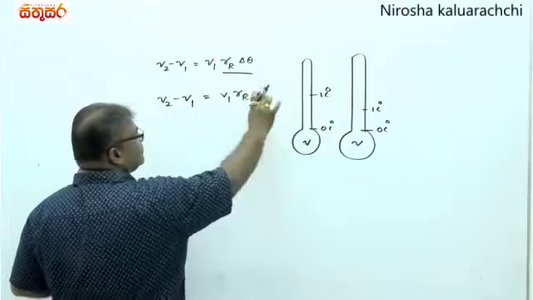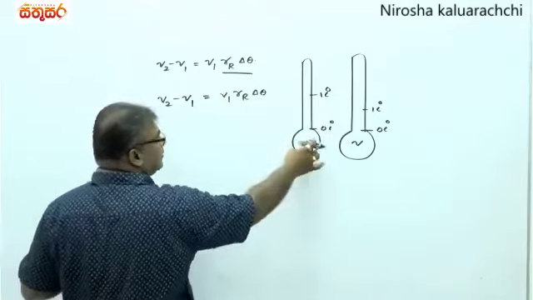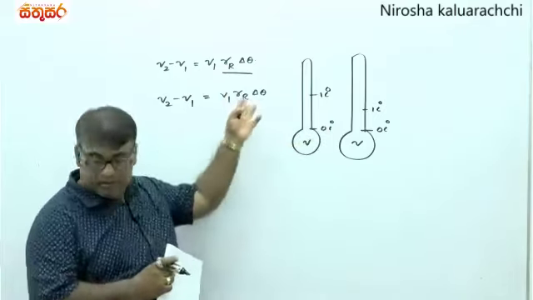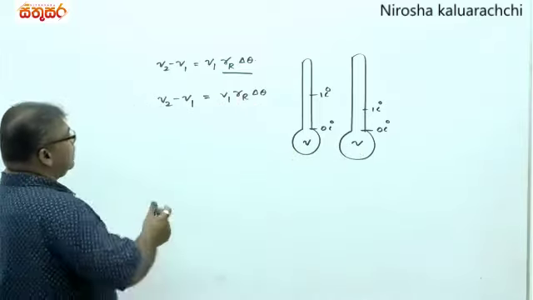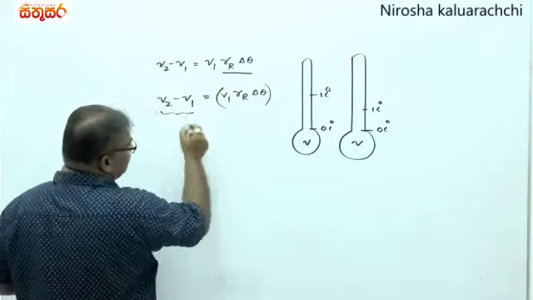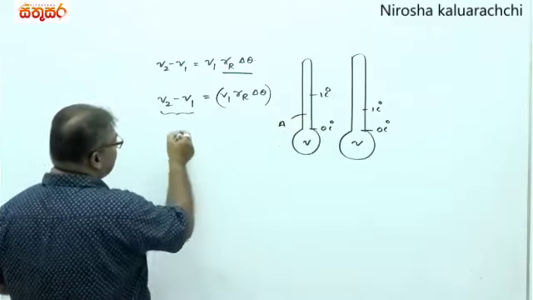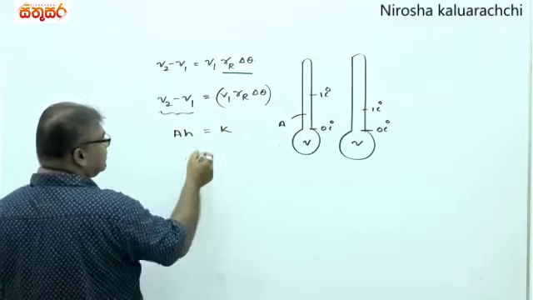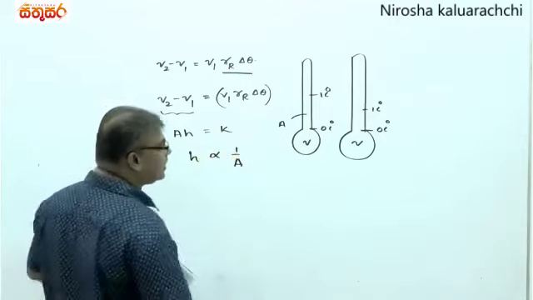For 1 degree Celsius, both are common. The relative expansivity of mercury is a constant value, right? And the initial volume, these two have the same volume. So we have this value constant, which means the increase of volume, the cross-section area into the rise in height, AH, is a constant value. Then you can say the height of the mercury column is inversely proportional to area.